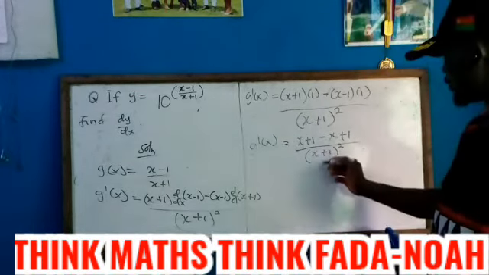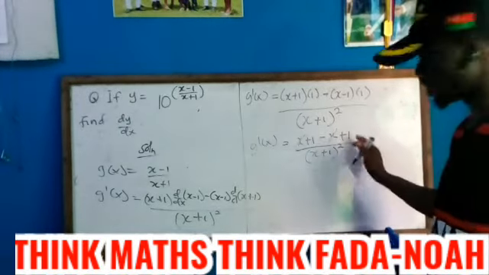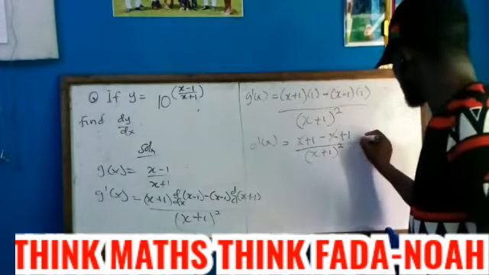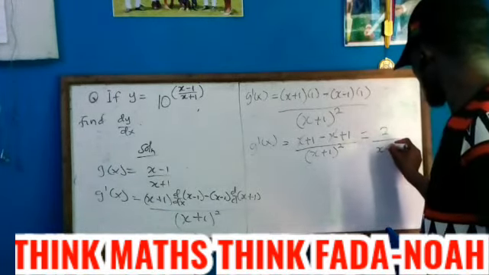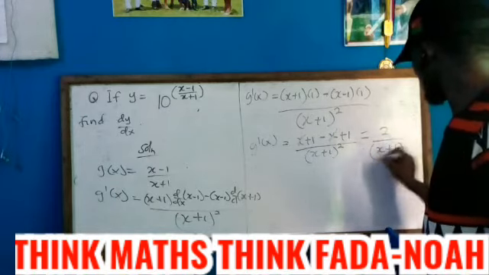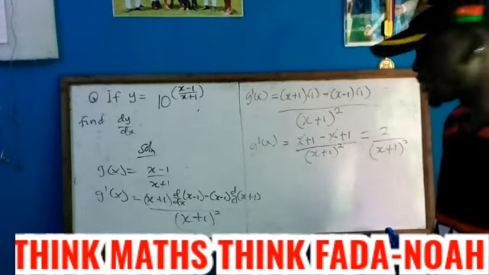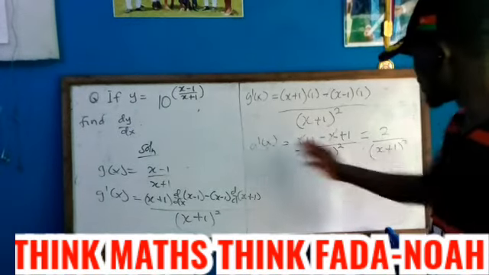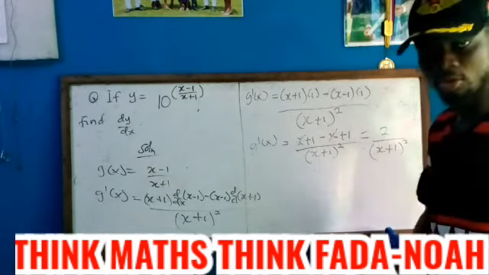Alright, so the numerator, you see that this x will cancel the negative x and we have 1 plus 1 at the numerator. So our g prime of x becomes 2 over (x plus 1) all squared. Alright, so now we have our g prime of x to be 2 over (x plus 1) all squared.